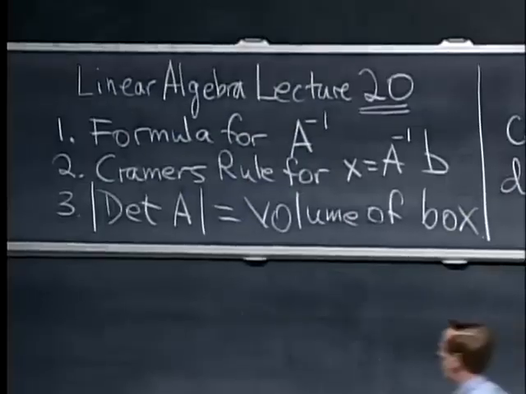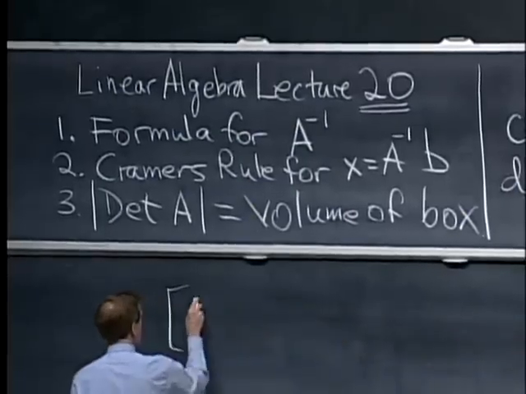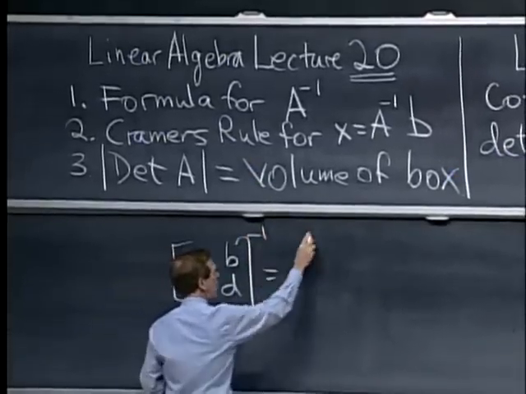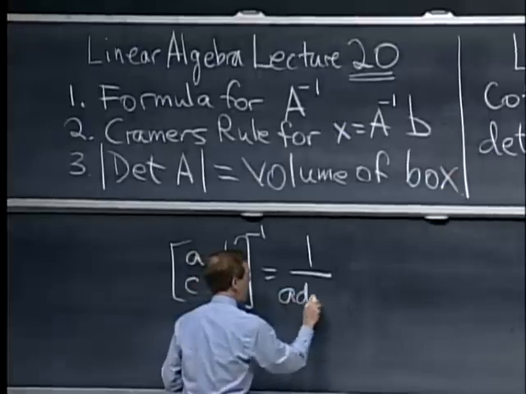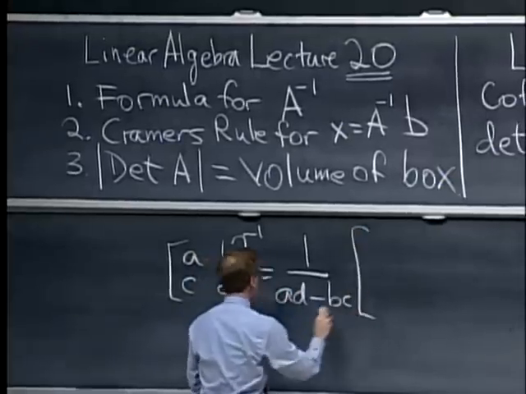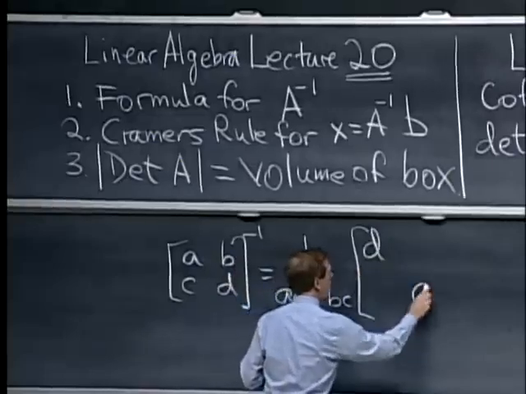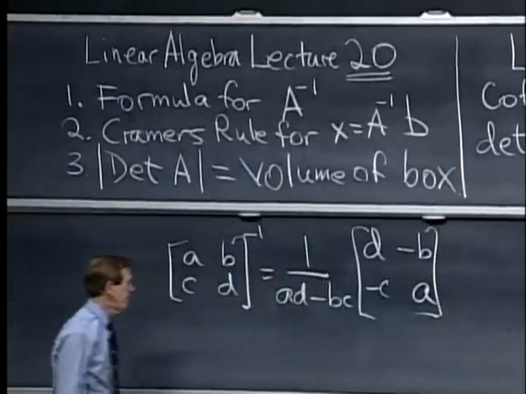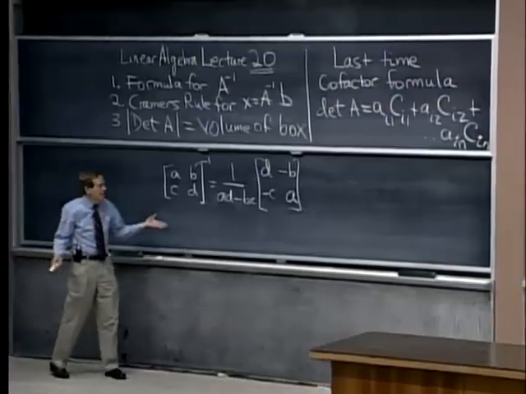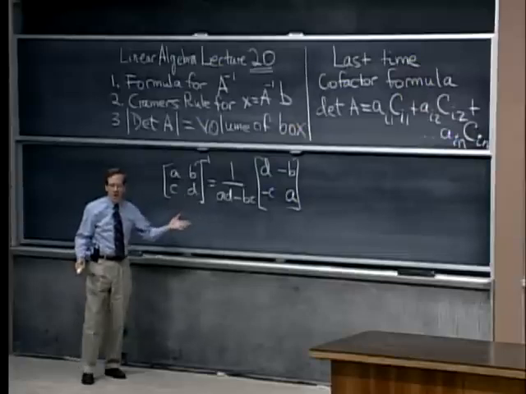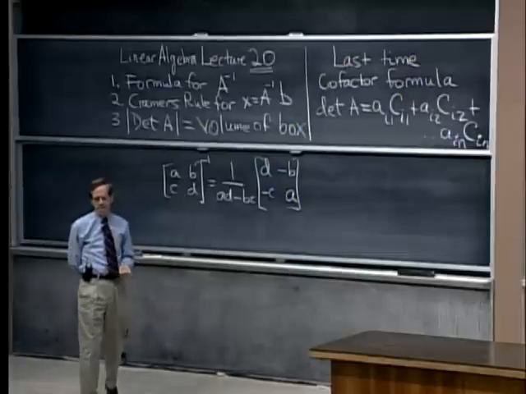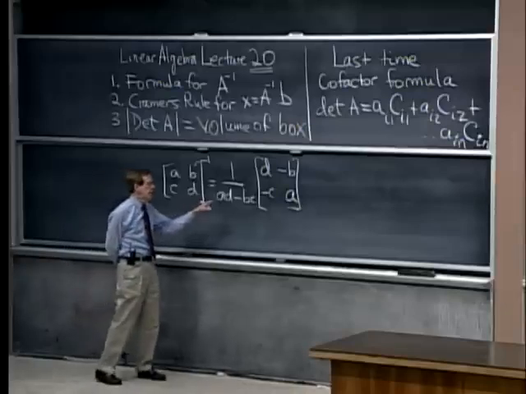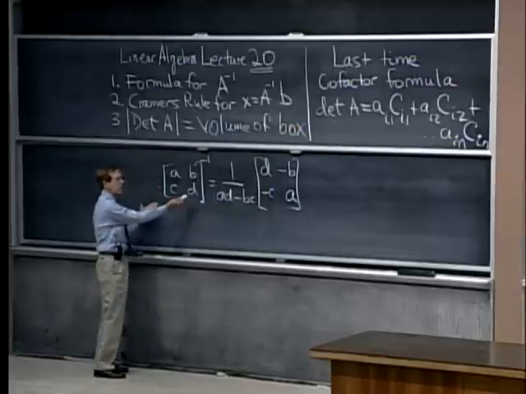The 2 by 2 formula for A inverse, the inverse of A, B, C, D, is 1 over the determinant times D, minus B, minus C, A. Somehow, I want to see what's going on for 3 by 3 and n by n. And actually, maybe you can see what's going on from this 2 by 2 case. So there's a formula for the inverse.